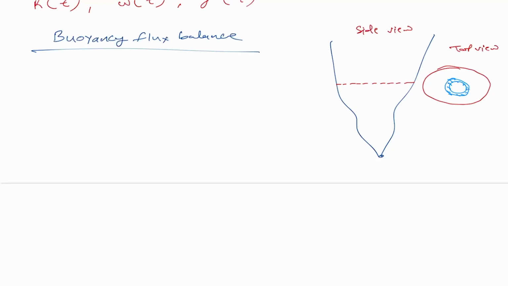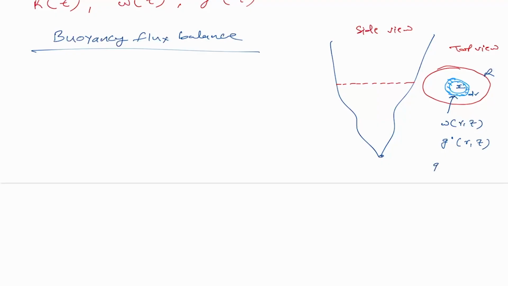Here this small length scale is dr, this is small r, and this is capital R. This small element has w, which is a function of r and z, and also g prime, which is a function of r and z.